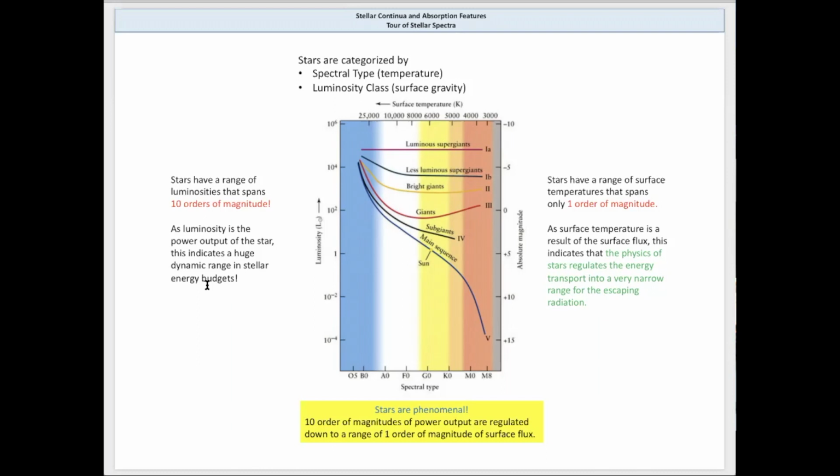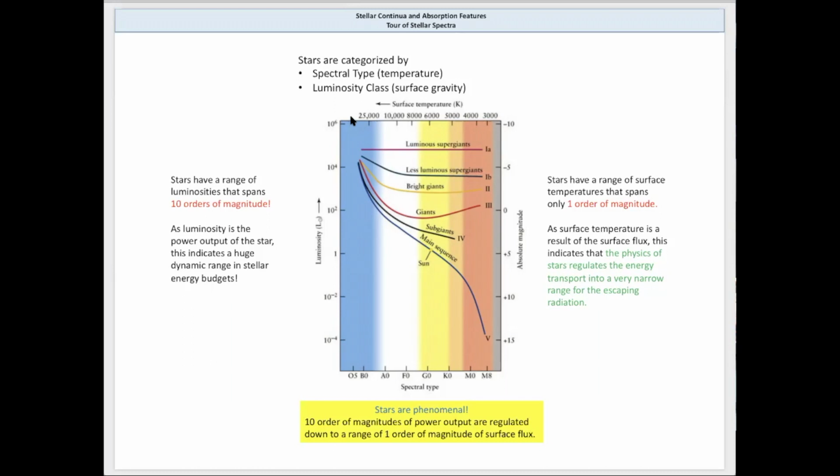So roughly 2 orders of magnitude. And temperature on the surface of these stars only ranges by an order of magnitude, typically somewhere around 3,000 up to about 30,000.